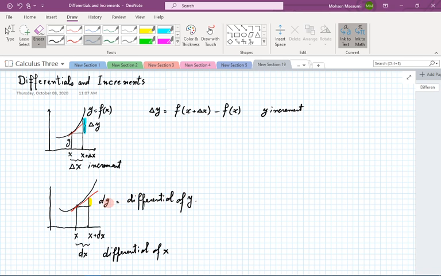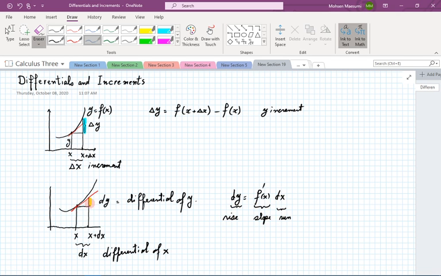The main use of this is that dy is very easy to calculate. Dy is f prime of x, which is the slope of this red line, times dx. So in high school you would have referred to this thing as the run. This one would have been your slope, and this one you would have called the rise. I've changed the terminology on you.